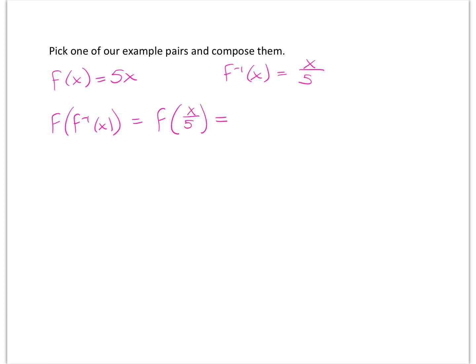Okay, f of x over 5, that means replace every x in the formula with an x over 5. So this is 5 times x over 5, which is x. So when I compose them, I do get x.